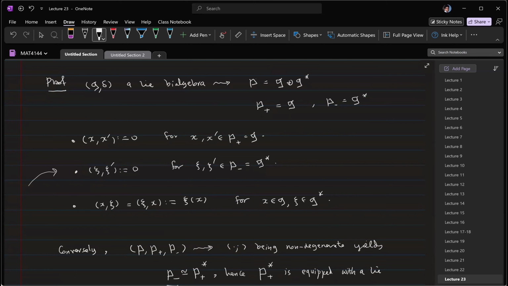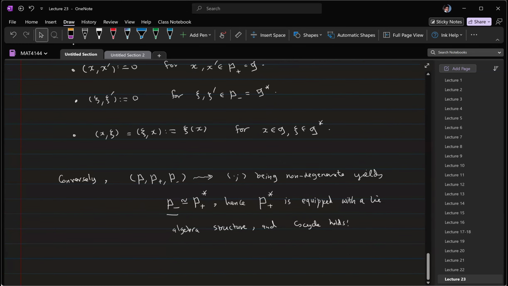So I check being a Lie algebra with respect to that. And I also need to make sure that G and G star are Lie subalgebras of this G plus G star as a Lie algebra. Now, this Lie algebra structure is not going to be the usual direct sum Lie algebra structure. Okay, it's going to be more complicated because the invariance needs to be checked. And the invariance will not hold with respect to that.